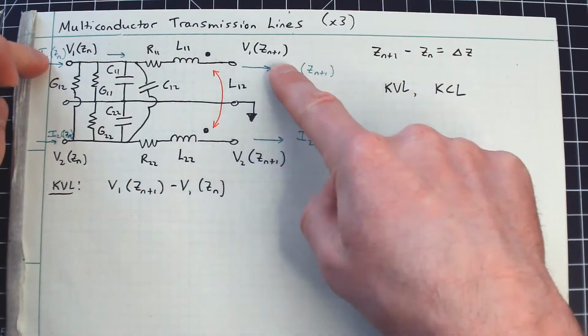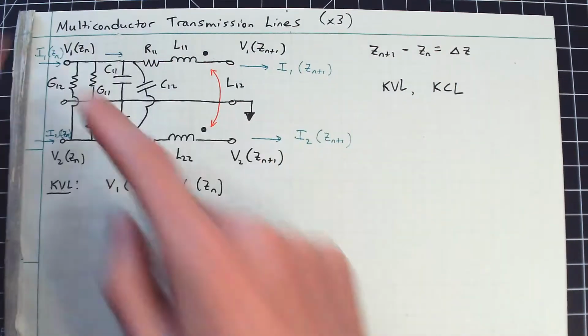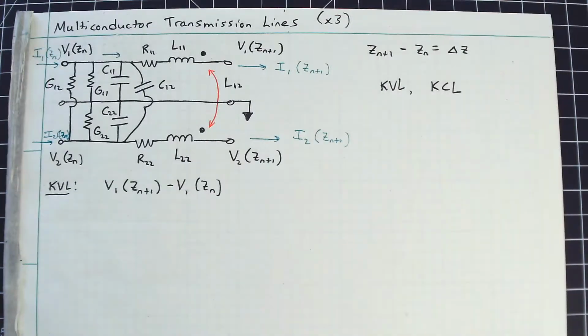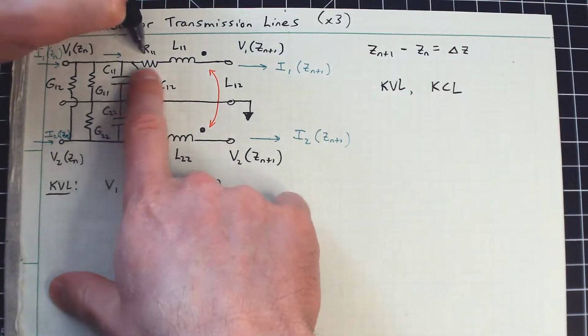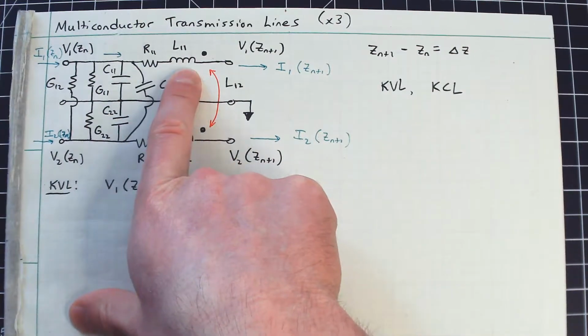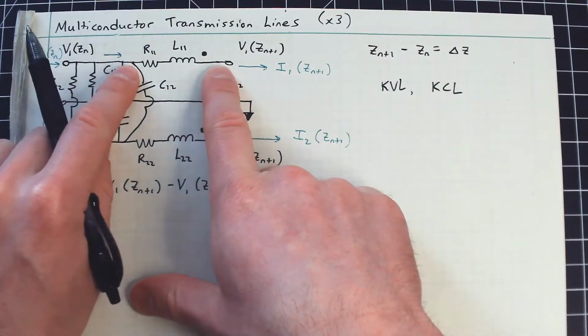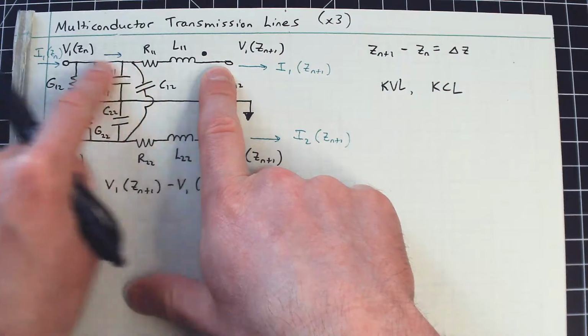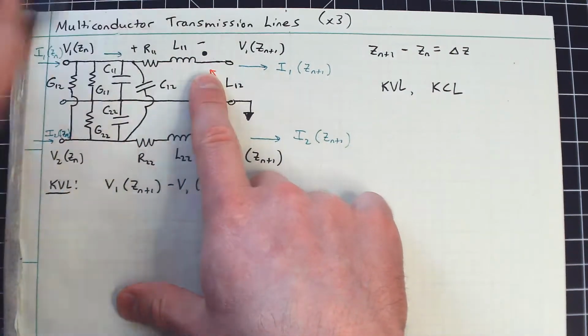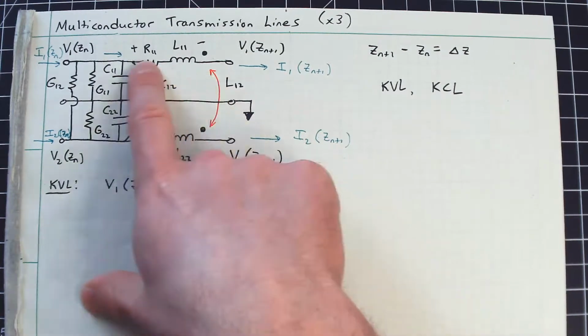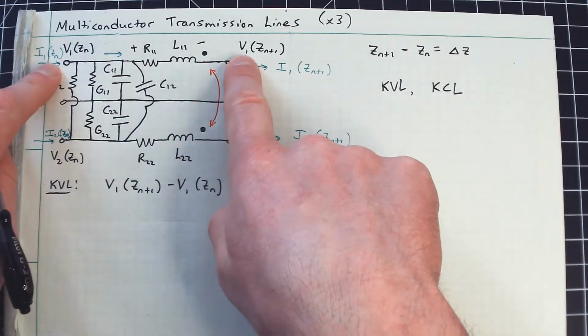That is the voltage drop from here to here. That voltage drop is going to simply be a function of the current that flows through this resistor and this inductor, right? Because you notice this voltage here is constant across this entire node. So basically, it is just this little voltage drop from there to there, the voltage difference from here to here.